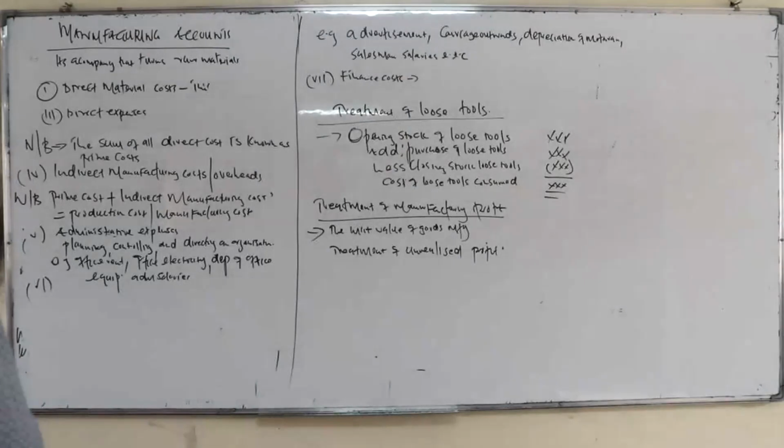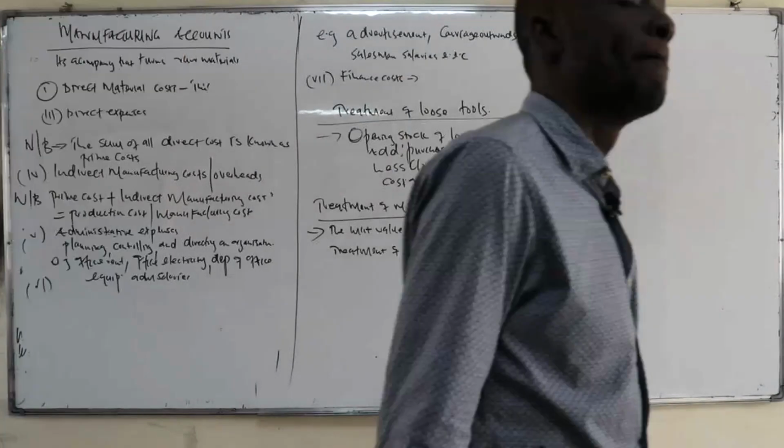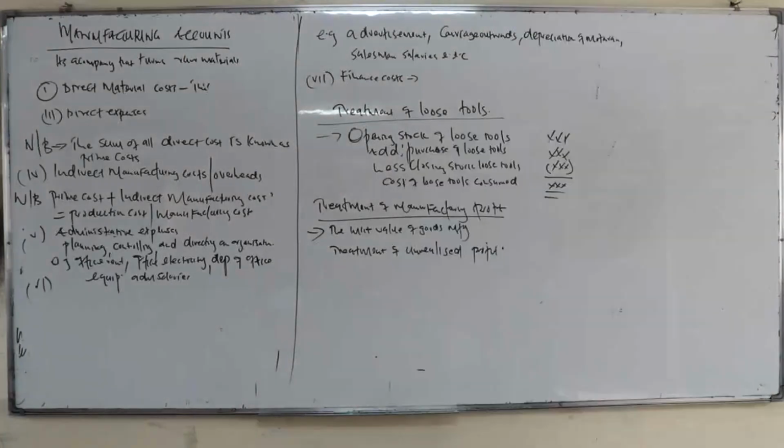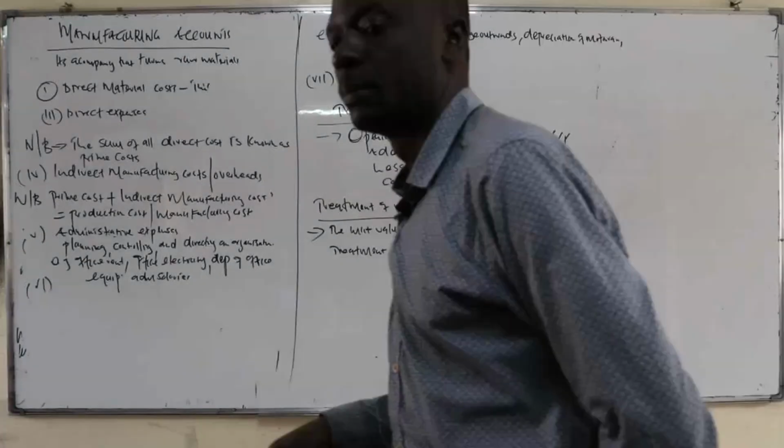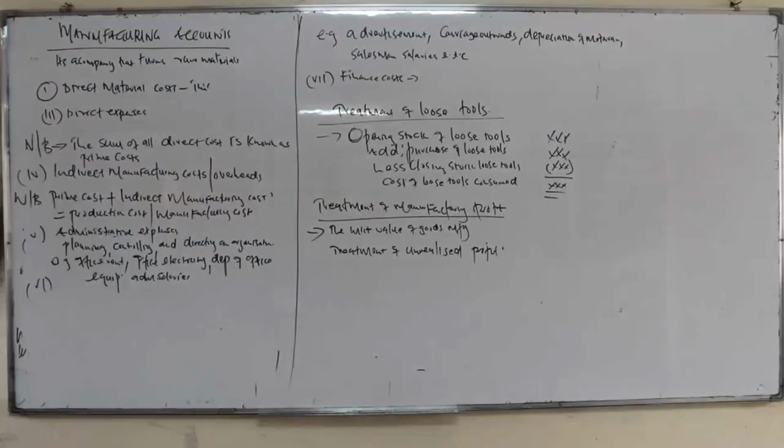And then you write: unrealized profit occurs where it is the policy of the firm to value stocks of finished goods at market value rather than at cost.